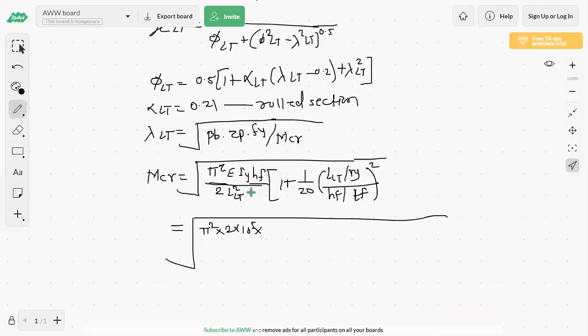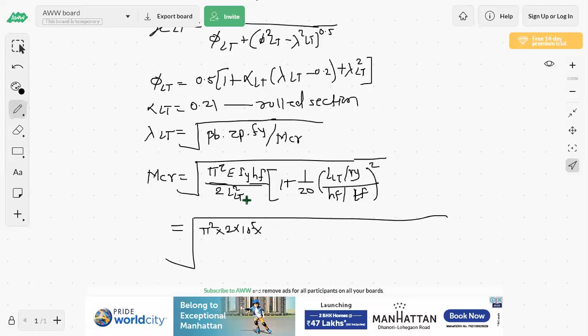Now I, the moment of inertia for the selected section, IYY. Please again go to the steel table. Whatever section we have selected, ISHB 350, what is the moment of inertia about the y-axis? We have written IXX, but IYY we have not written.